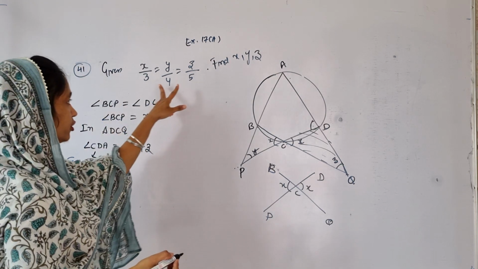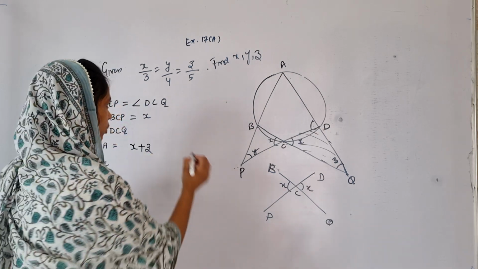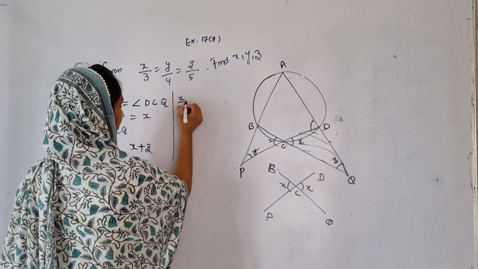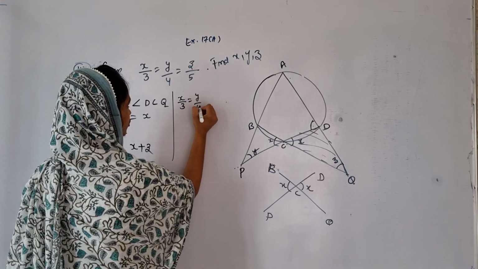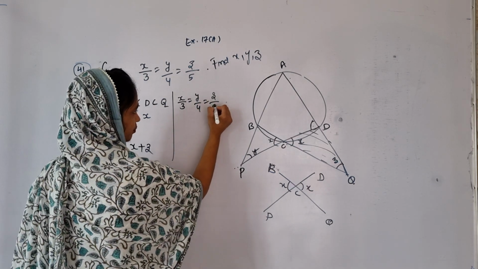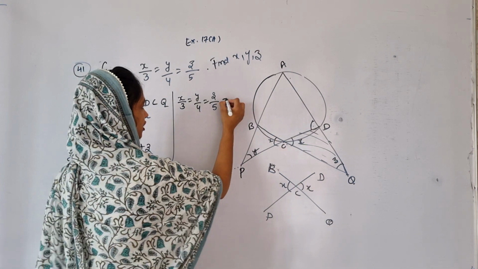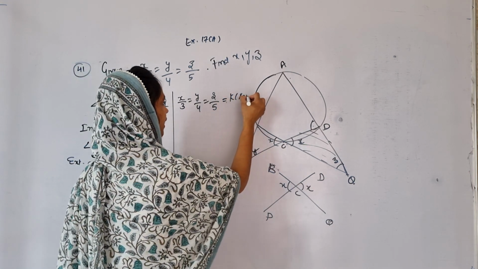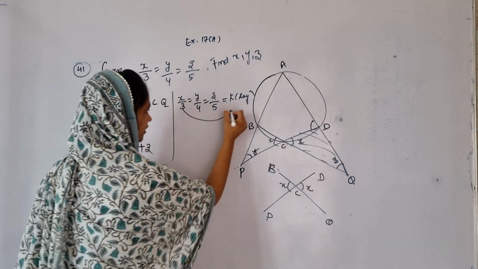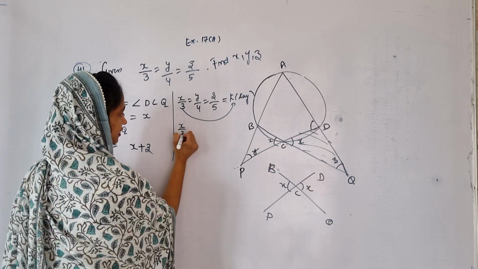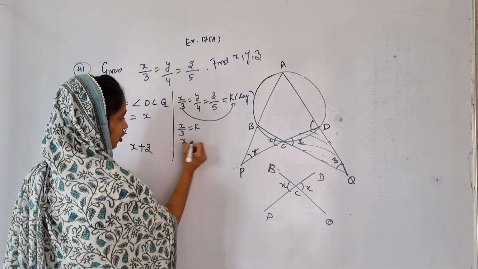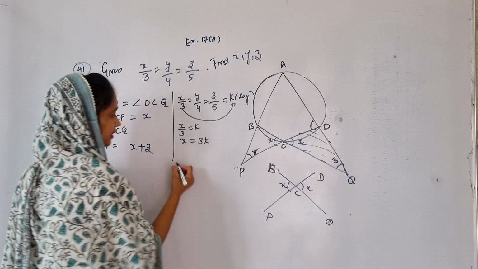Okay, see, we will use this given relation also. What they have given? X by 3 is equal to y by 4 is equal to z by 5. ठीक है, ये तीनों वैल्यूज इक्वल है. सपोज ये तीनों k की इक्वल है. When you will equate this with k, x by 3 is equal to k, you will have the value of x as 3k.